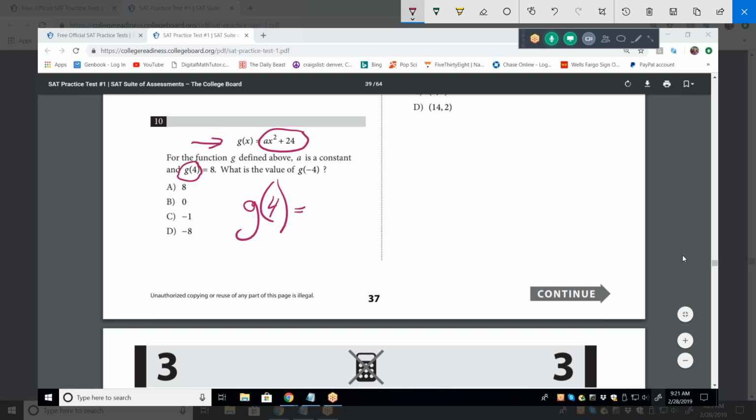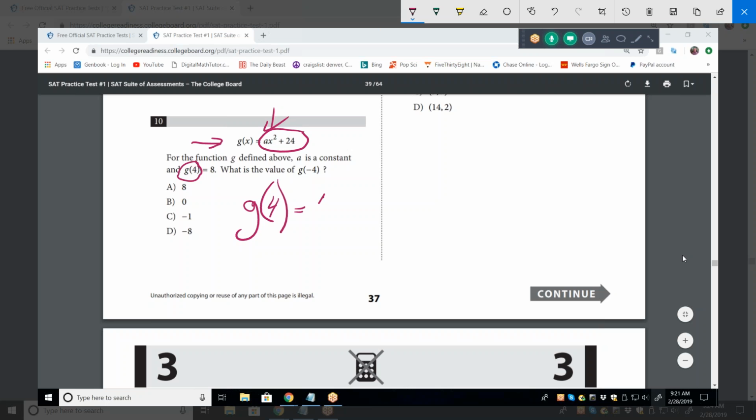Okay? So G of 4, let's plug it in. What's this term? So squaring 4, 16. 16 what?